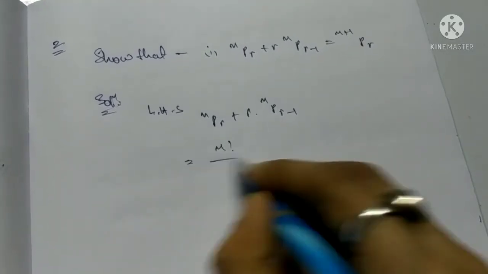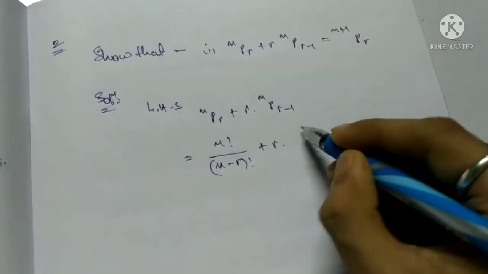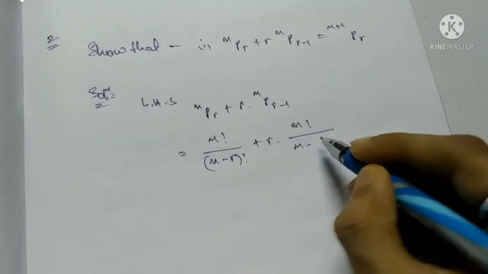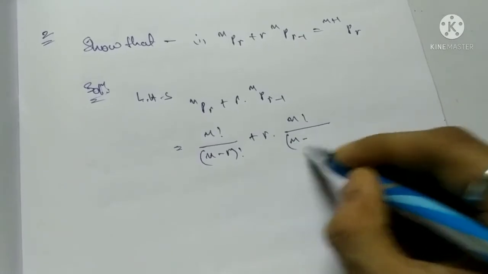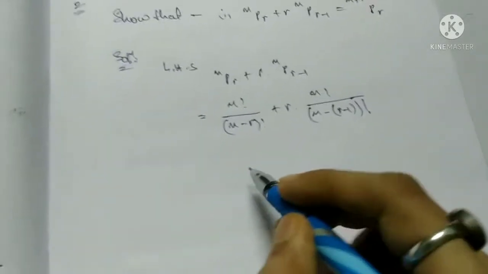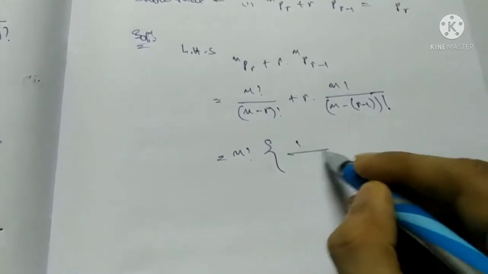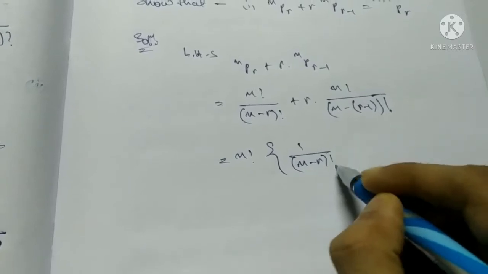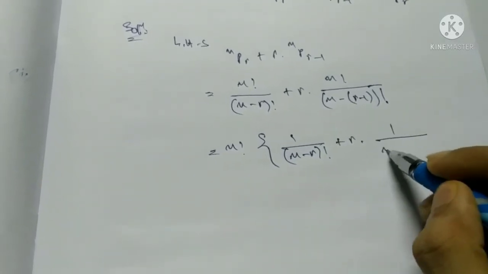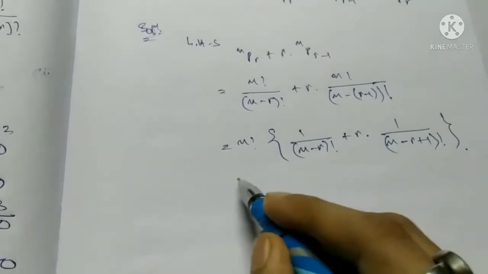So this is n factorial by n minus r factorial plus r into n factorial by n minus r plus 1 factorial. From here, if I take n factorial common, 1 by n minus r factorial plus r by n minus r plus 1 factorial.